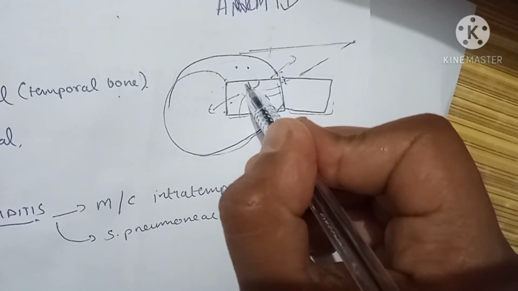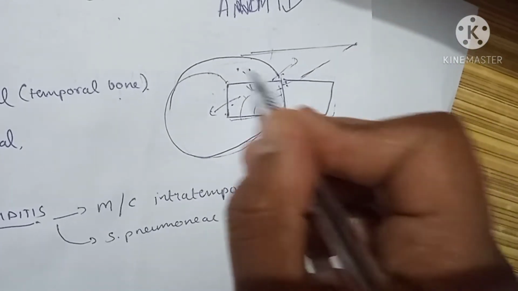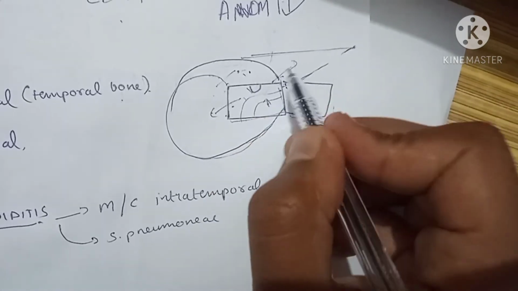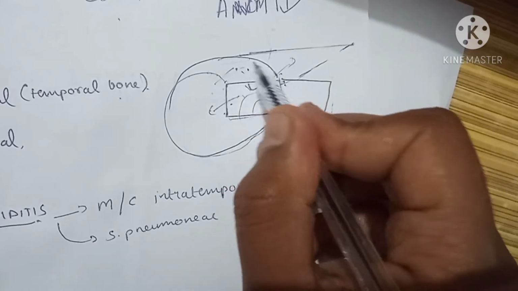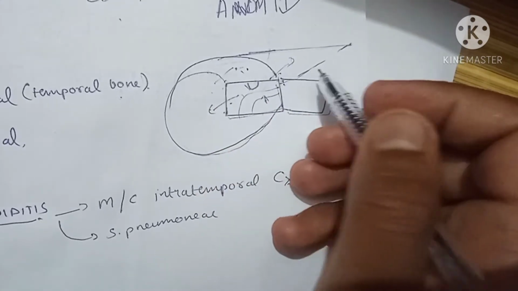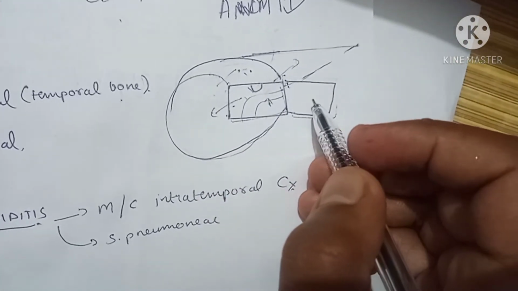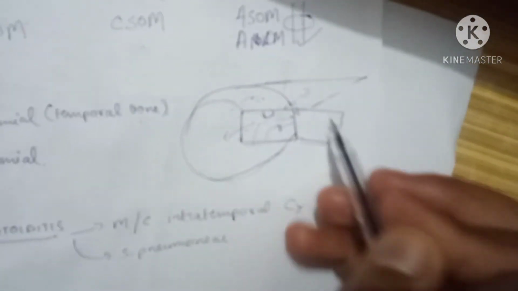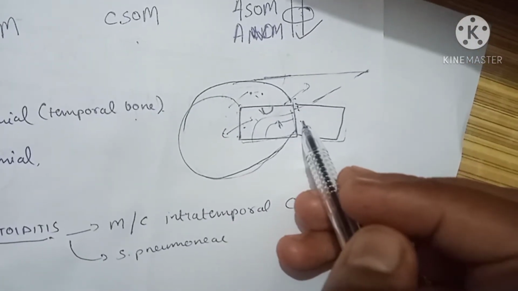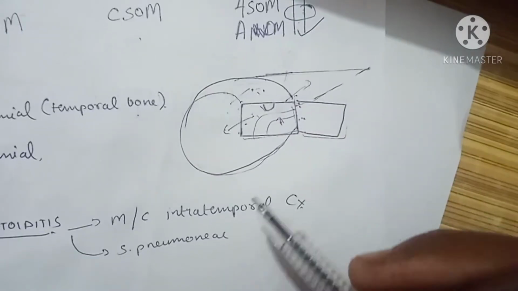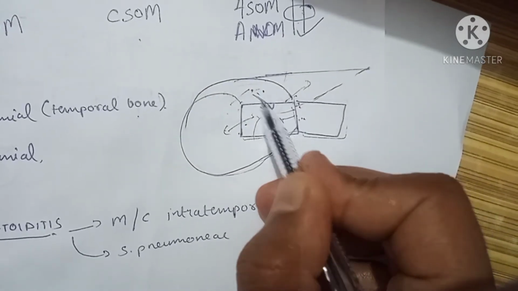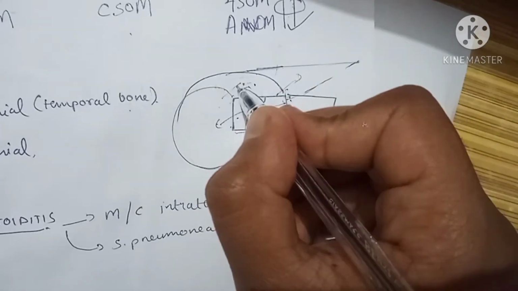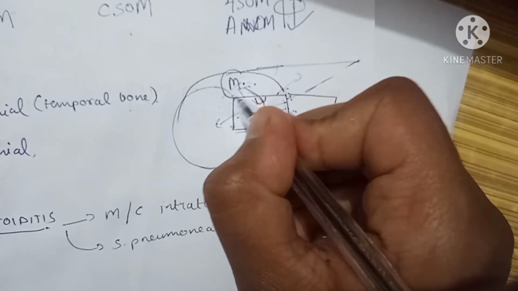This is the aditus that connects the middle ear cavity to the mastoid antrum. So this is the middle ear cavity. We will try to understand where the infection can reach from this middle ear cavity. The infection can go posteriorly, and when it goes posteriorly, it will lead to mastoiditis.